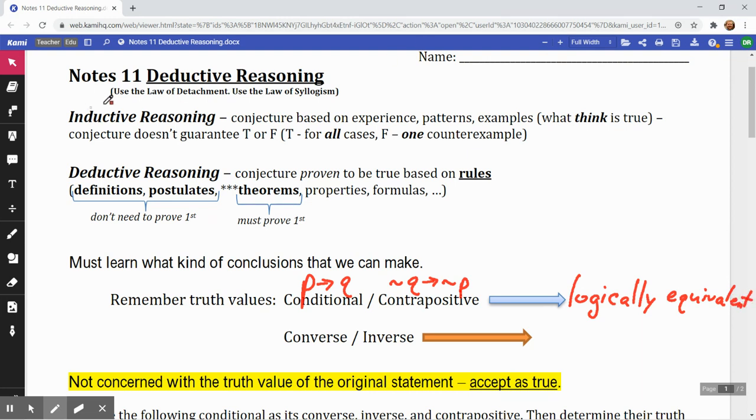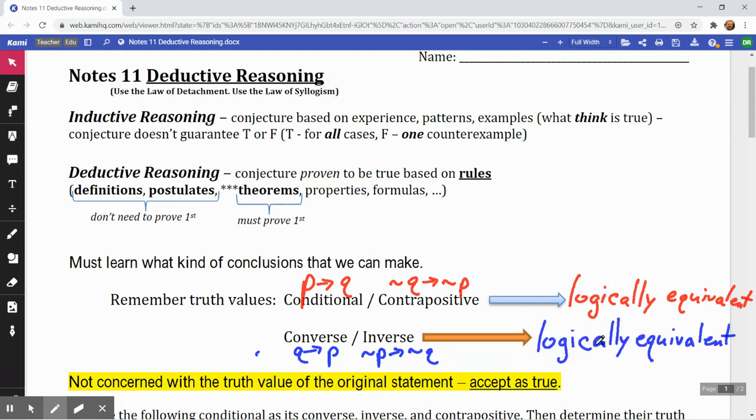It's also true for the other two cases where we have the converse and the inverse. The converse started with the letter Q and ended with P, while the inverse began with the opposite of P and ends with the opposite of Q. And just like the other case, the converse and inverse are also logically equivalent.